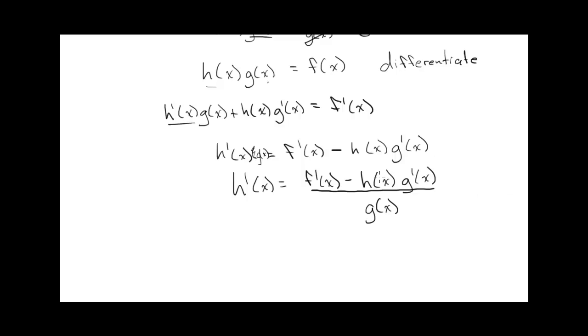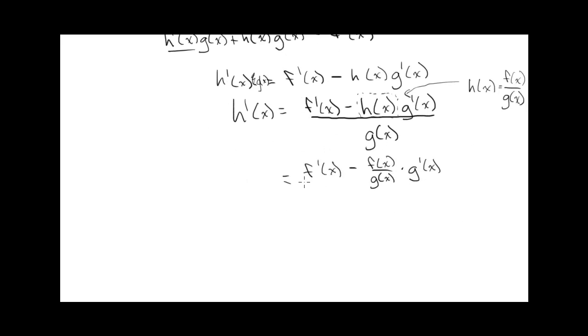Now we have a formula. The only thing we don't totally like is that there's an h in here. We'd rather have everything in terms of f and g. So just remember that h is equal to f over g. So now we'll put that right there. Just make that substitution. So minus f(x) over g(x) times g prime x, all over g(x).